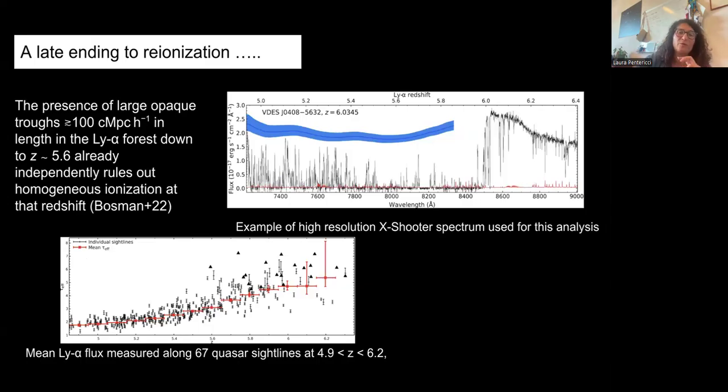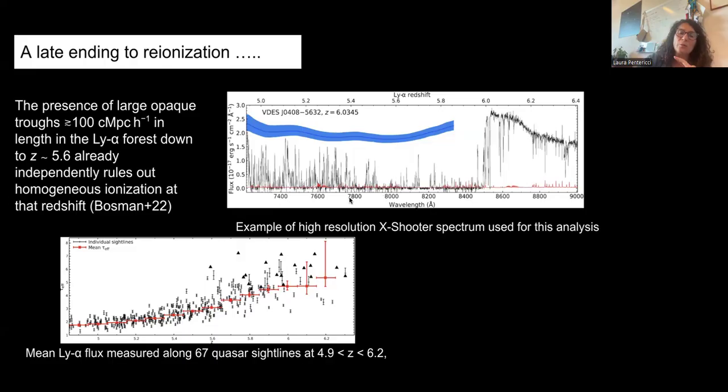And these are some of the latest results, which have also been obtained with the high resolution X-shooter spectra. So this is another example of this very, very high resolution. X-shooter has a resolution of 20,000. So you can really probe in between these tiny lines, and you can really probe the dark regions.